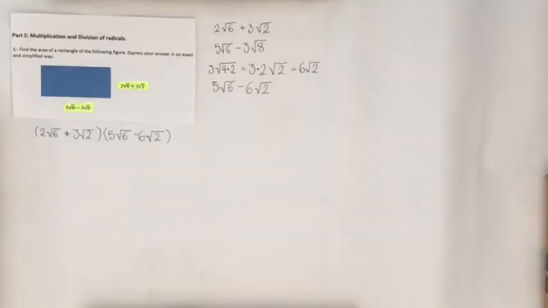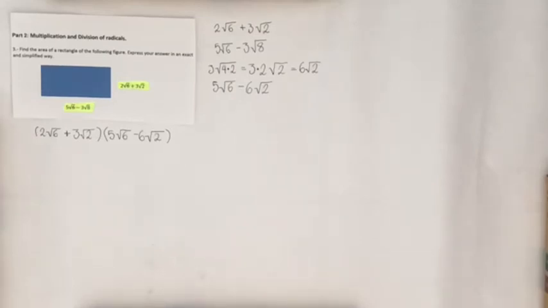Now the base, which is 5 square root of 6 minus 3 square root of 8. 5 square root of 6 can't be simplified, but 3 square root of 8 can. Over here, we've already simplified it, and it now is 5 square root of 6 minus 6 square root of 2. Now, for the multiplication, we need to multiply everything by everything.